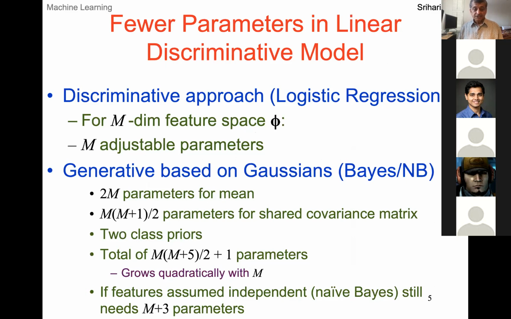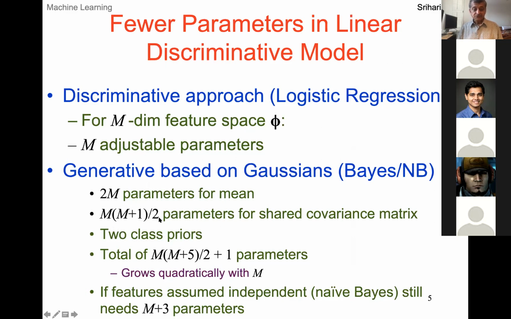But if you took the generative approach based on Gaussians, using again m features, then we need 2m parameters for the means. We need m parameters for specifying the mean of one class and m parameters for specifying the mean of the second class. The covariance matrix is where things get more complicated.